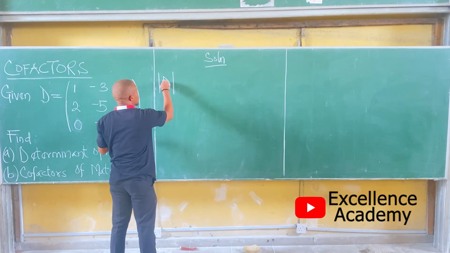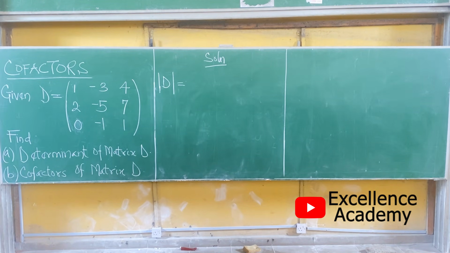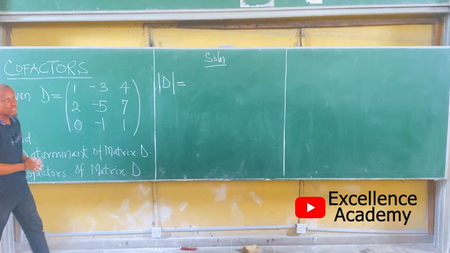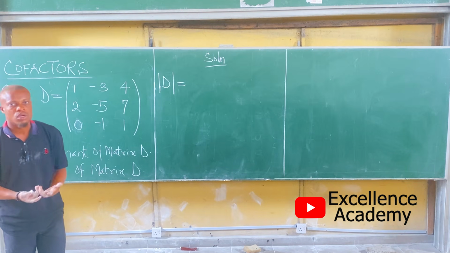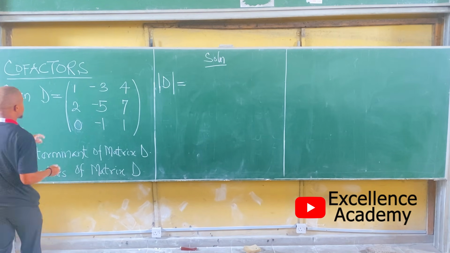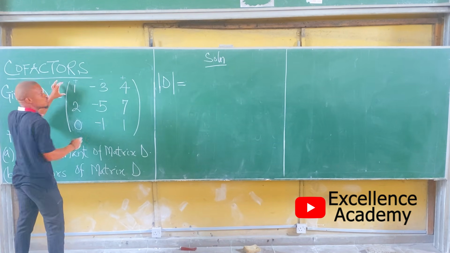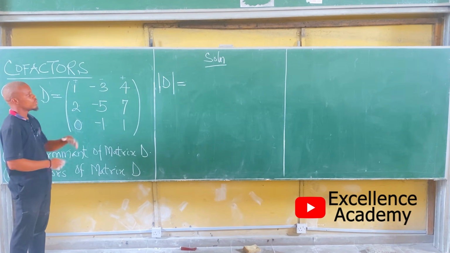So this gives you the determinant of the given matrix D. In getting the determinant, mind you, you still work with your sign convention, but not as we did for our cofactors. For this, I'm having a plus, a minus, and a plus. So I'll be choosing just my first row.